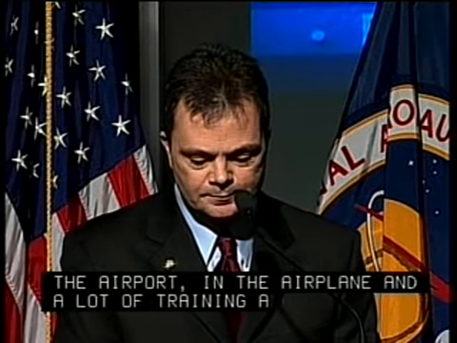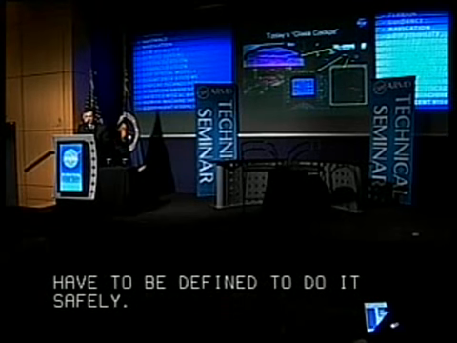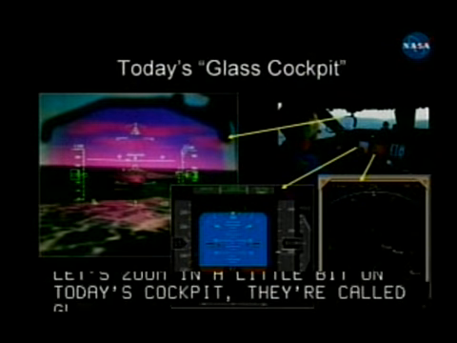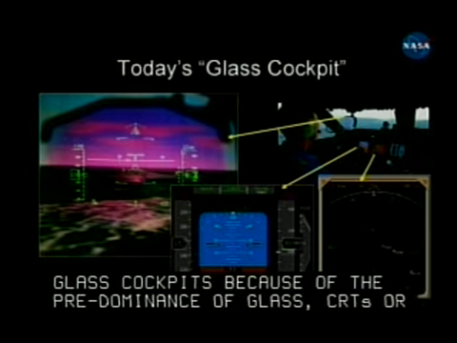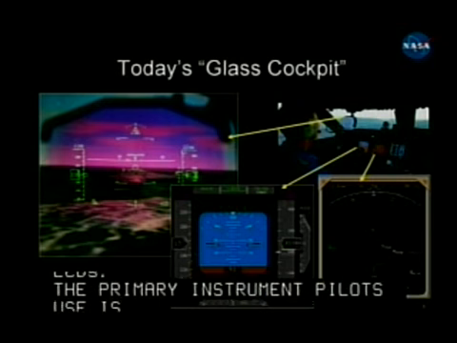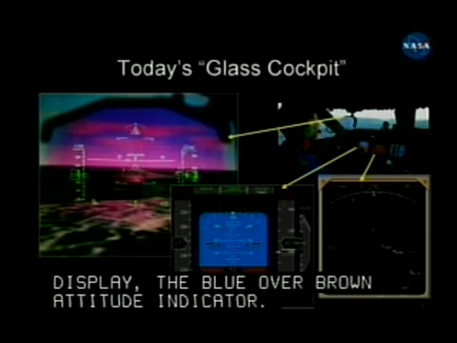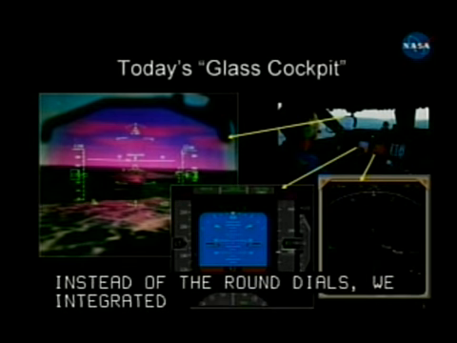Next slide. Okay, let's zoom in a little bit on today's cockpit. They're called glass cockpits because of the predominance of glass, CRTs or LCDs. The primary instruments that pilots use are the primary flight display, as it's called there, which is the blue over brown attitude indicator. Instead of having all the round dials, we've integrated information. We have airspeed and altitude also indicated on the same display, on the strips on the left and right.